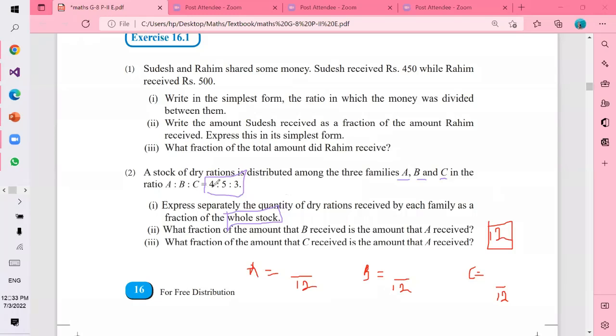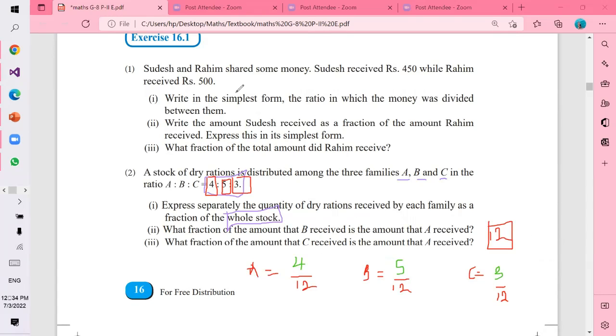Then the numerator is these quantities. So A equals, what is the answer? 4 over 12. B, 5 over 12. C, 3 over 12. Correct. So that is how we represent how many quantities of dry rations out of the whole stock.